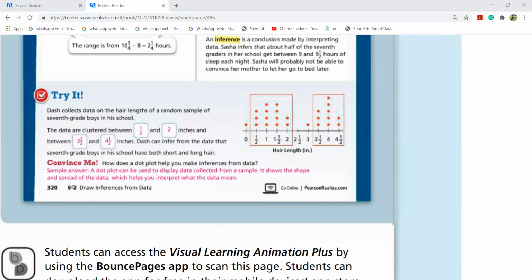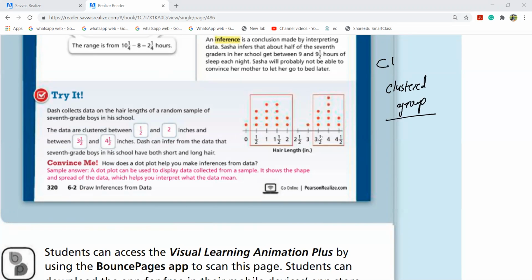Page 320. Okay, so the data are clustered between half and 2 inches, because clustered means a group. What is the meaning of clustered? Once again, clustered means group.